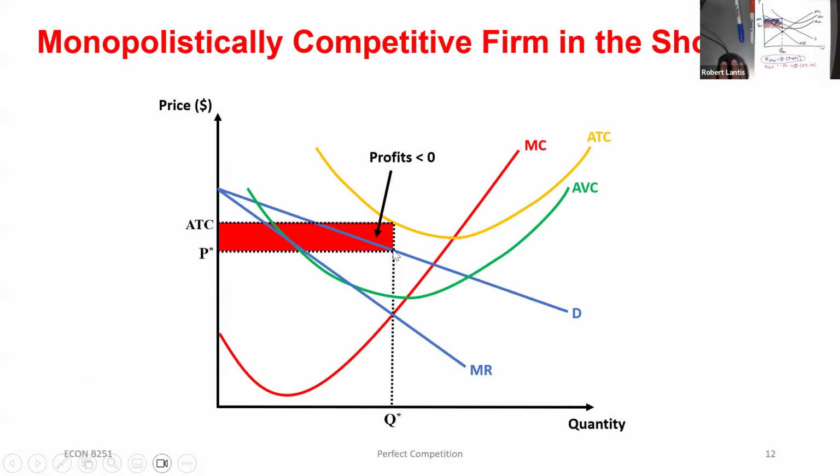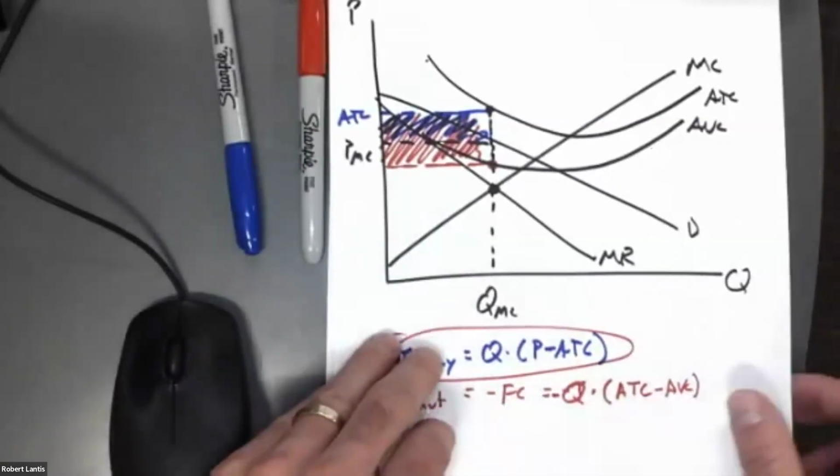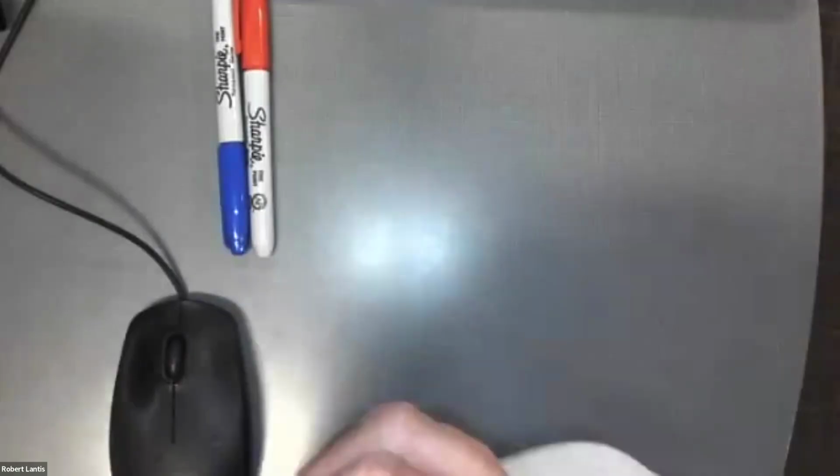However, over time, what happens? I start to change things. Everything that was fixed becomes variable. So my average total cost would be equal to my average variable cost. So in the long run, we don't have a difference between those two curves.